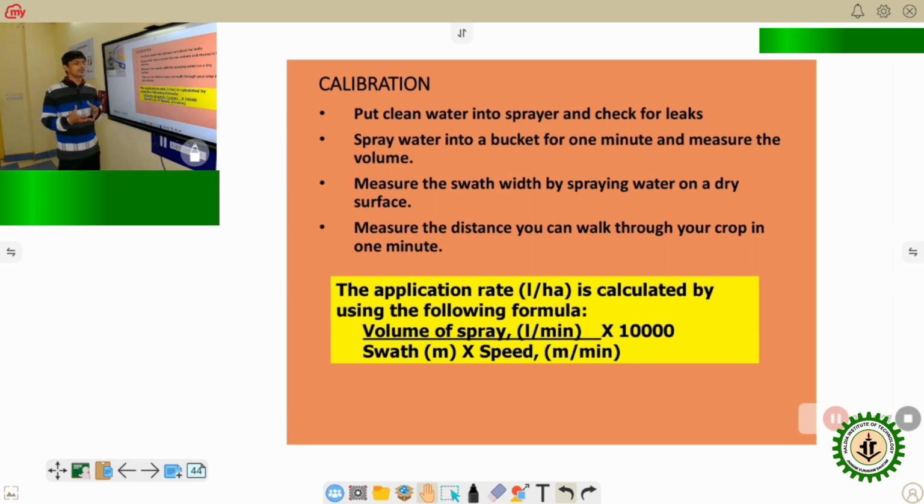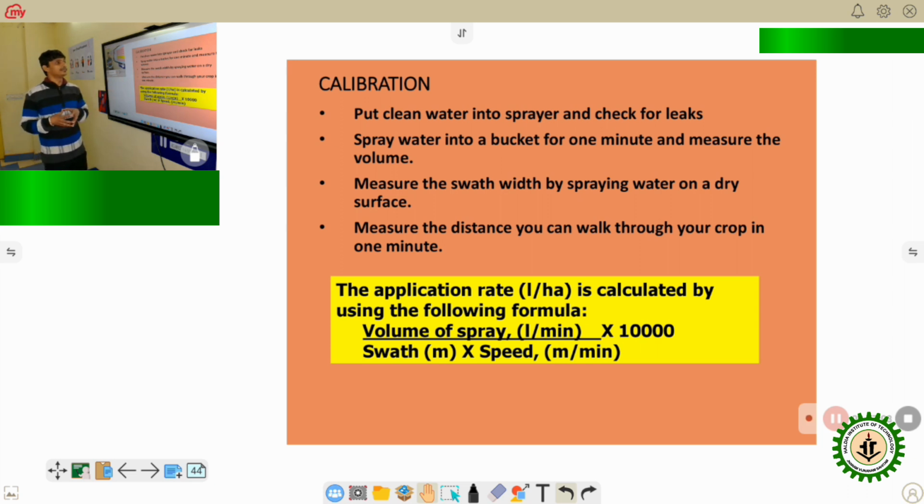For this purpose, we first take a clean sprayer, and then we spray using the nozzles into a mug or a container for 1 minute, and we measure the volume, how much liquid it is able to spray within 1 minute or unit time.